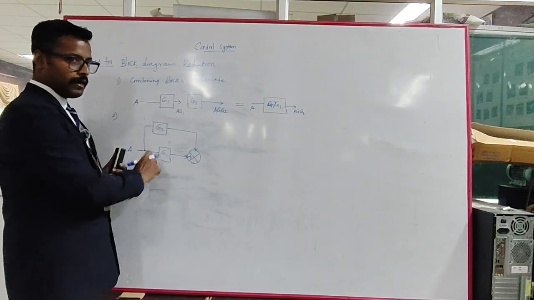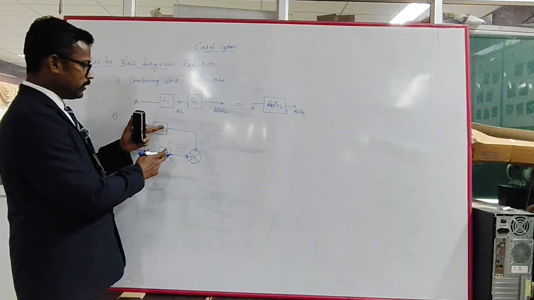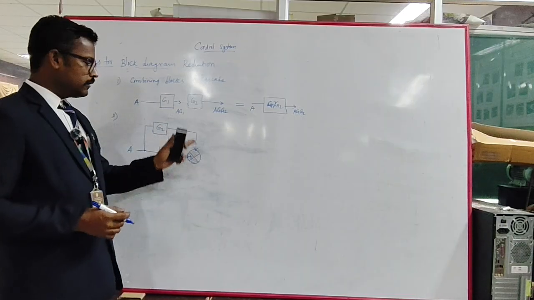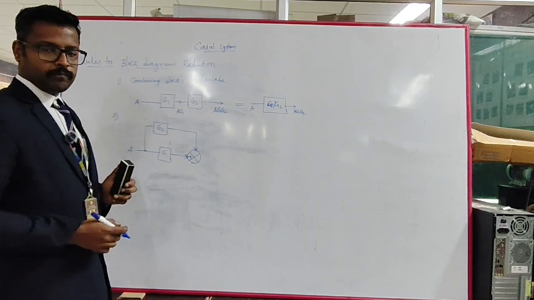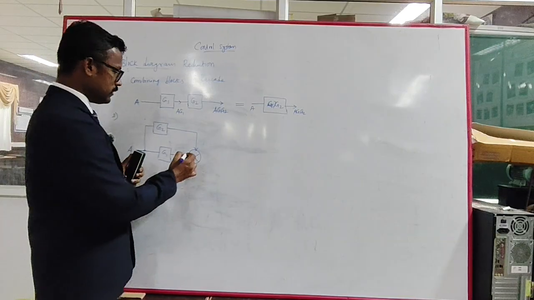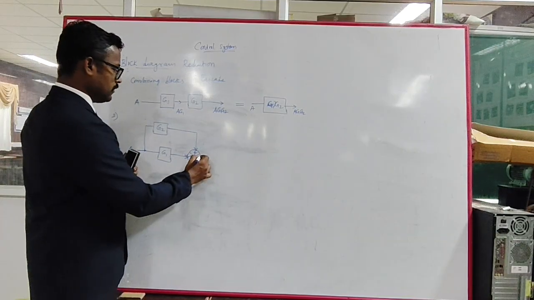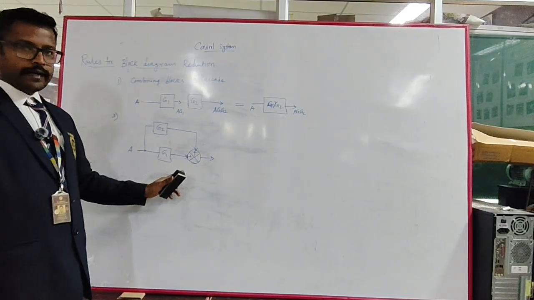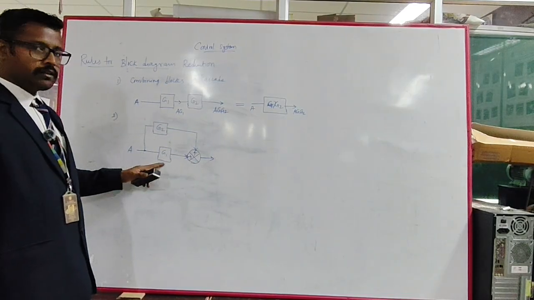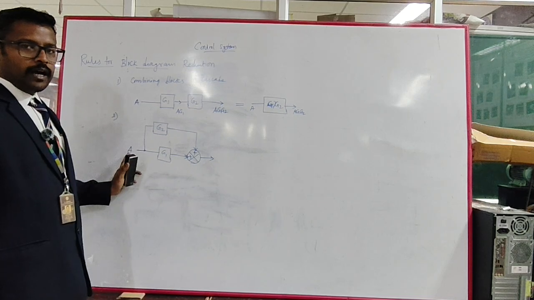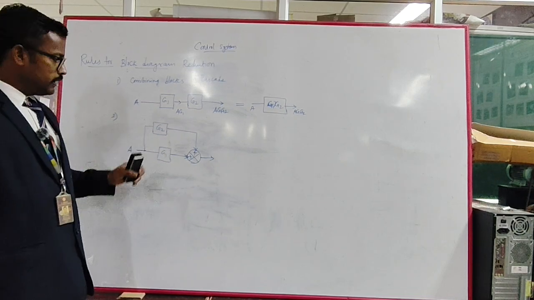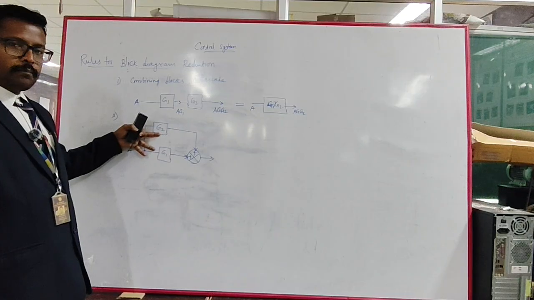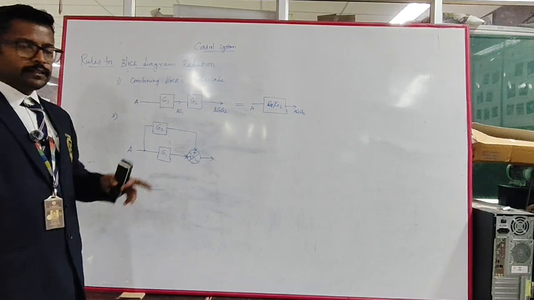The two are in parallel: the same signal is given to the two blocks, and it will be combined here. So the first block is G1, the second block is G2, and the same signal is given to both. So the two are in parallel, and here the two blocks are in series.